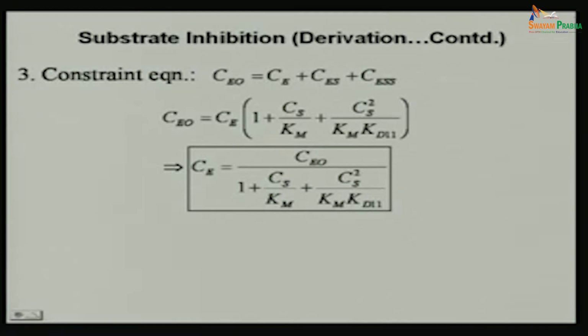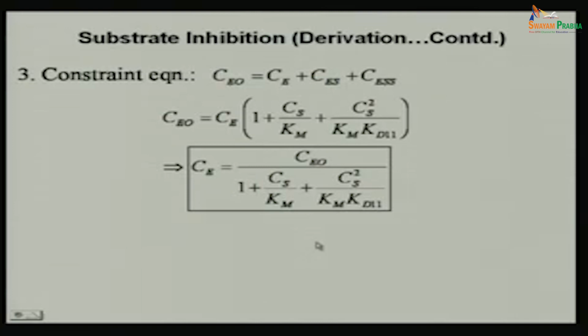So what's my rate now? What's my rate of production of P? Simply k2 times C_ES. So you can substitute from here, because now you have C_E in terms of C_E0.